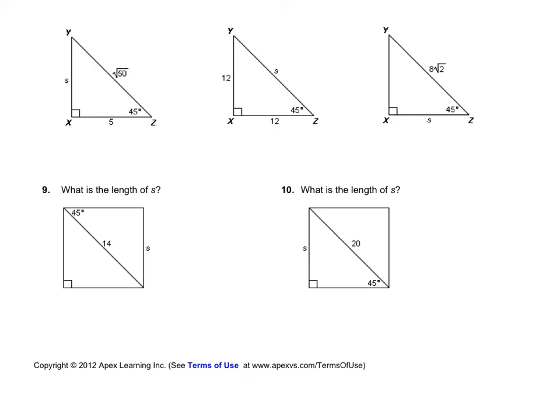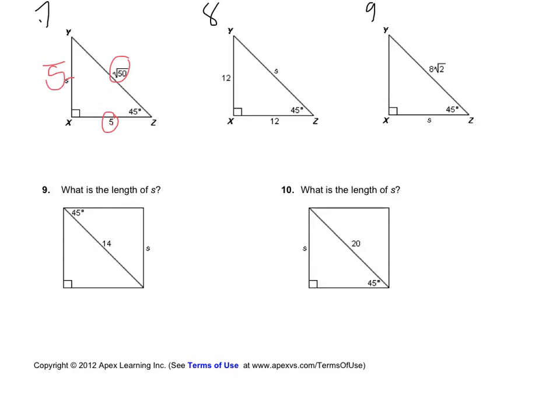So we're going to go ahead and look at some examples. So these are problems 7, 8, and 9 from your checkup, and we're finding the missing sides. So for 7, I'm given this side is the square root of 50. This is just 5. And then I need to find S. Well, I know if this leg is 5, this leg must also be 5. That's just the way it works.